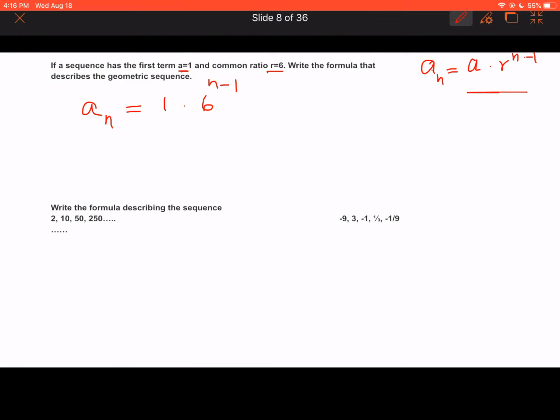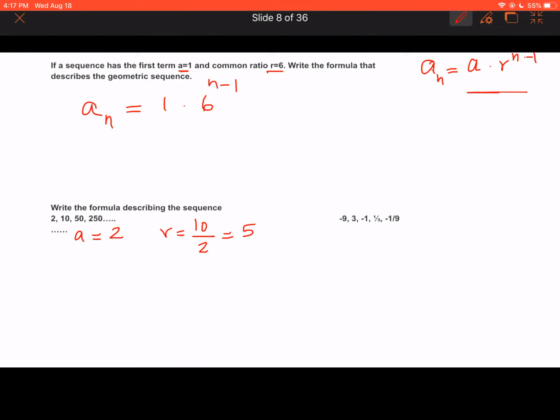Write the formula describing the sequence 2, 10, 50, 250 and so on. Here the values of a and r we have to find. a is the first term, and r is the ratio, right? So we are going to divide the second term by the first term to find the ratio.